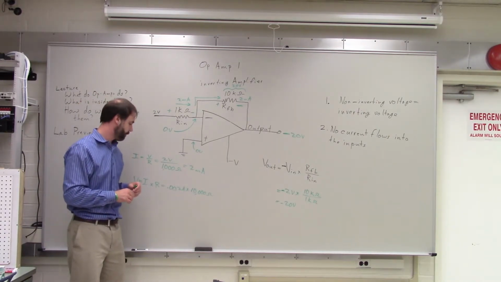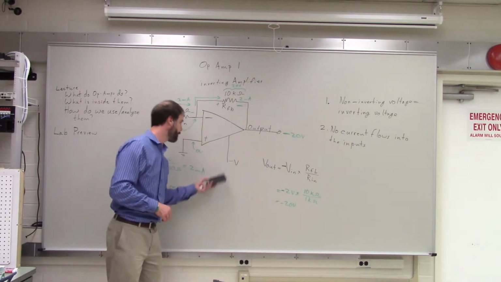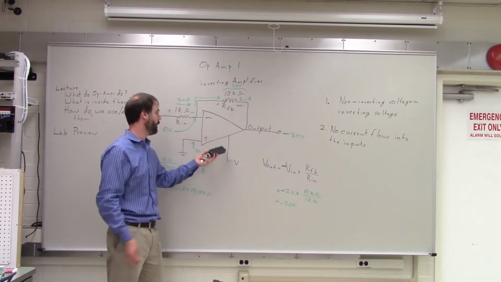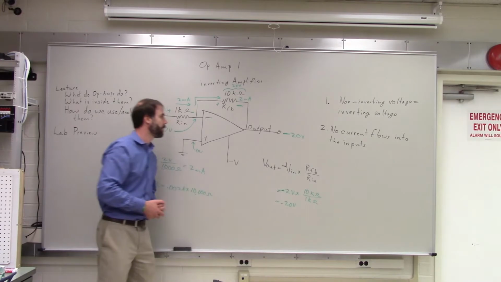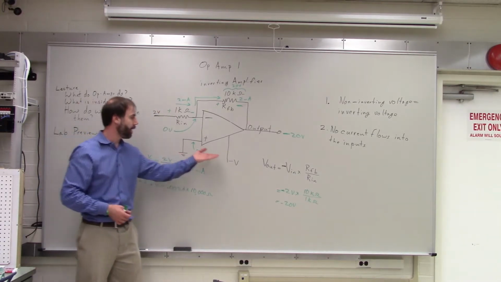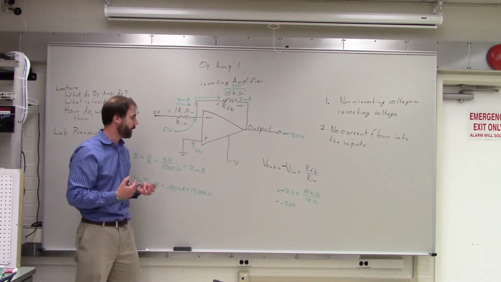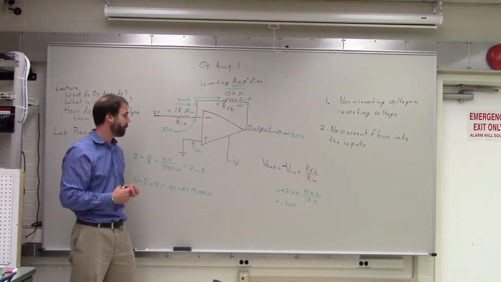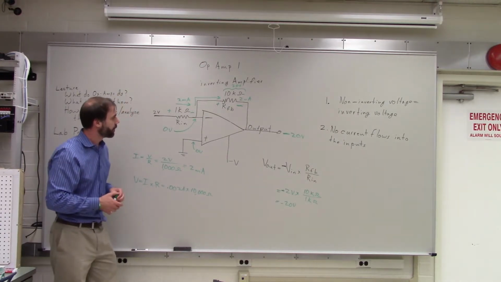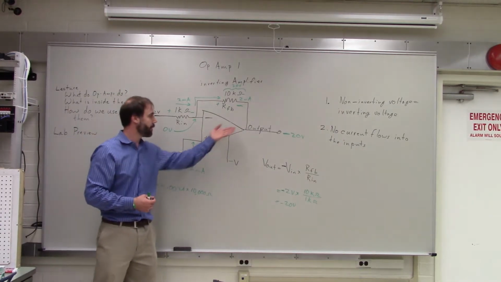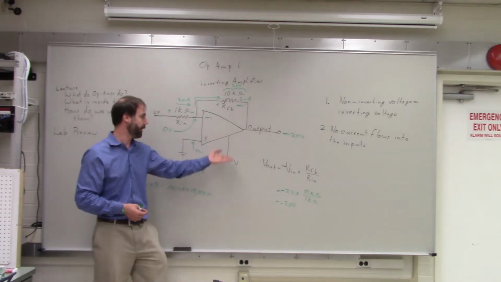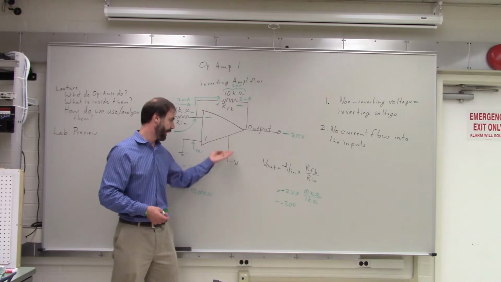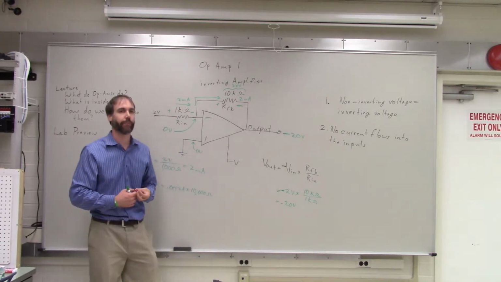So this is the power that is supplying the energy to the chip. The power supply that we use determines how big the output can be. The output can never be bigger than the power supply that we're using.